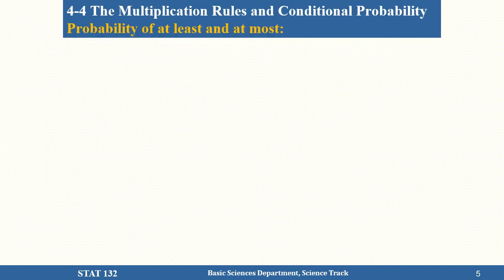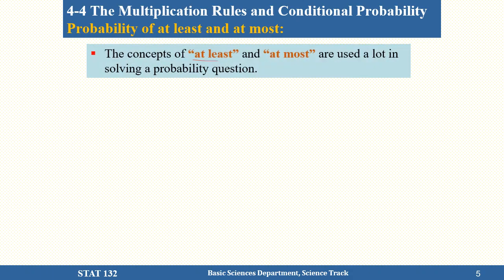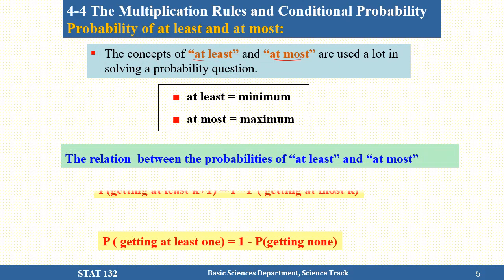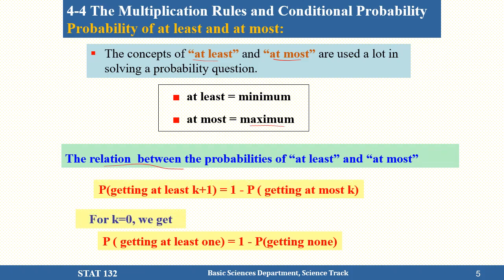Now we'll talk about the probability of events involving at least and at most. In some questions, we have the probability of at least this and at most this. At least means the minimum, and at most means the maximum. The relation between the probabilities of at least and at most is this: getting at least k plus 1 successes is equal to 1 minus getting at most k successes, because they're kind of opposite of each other.